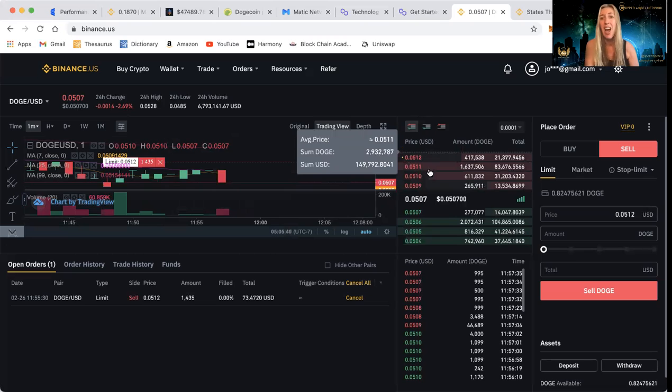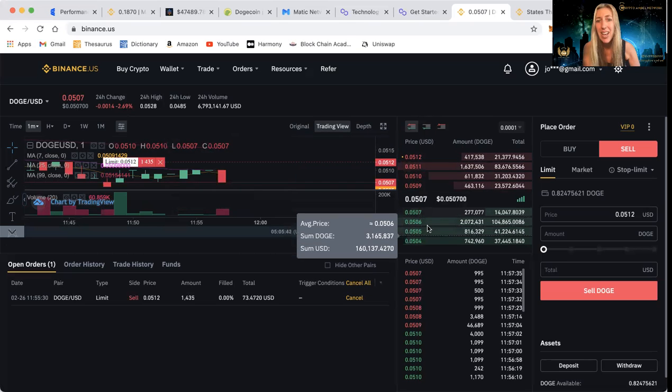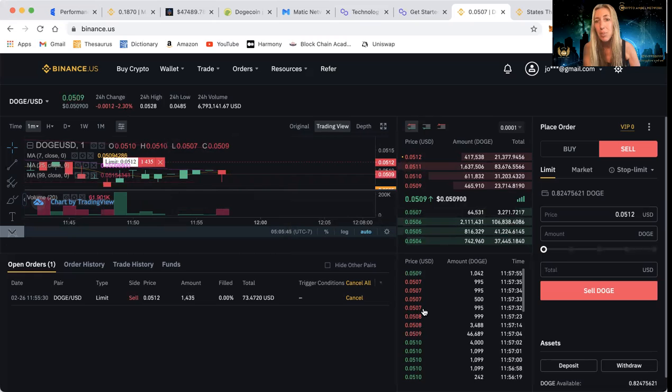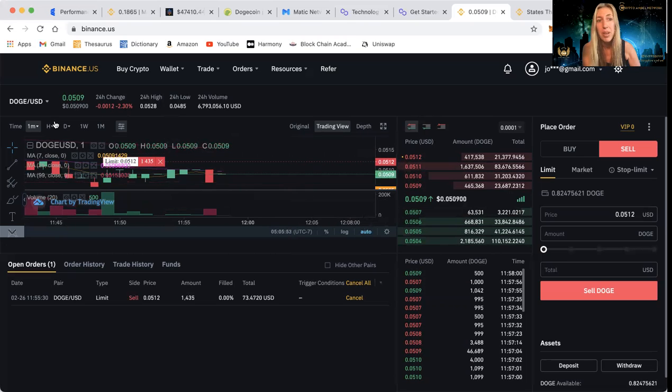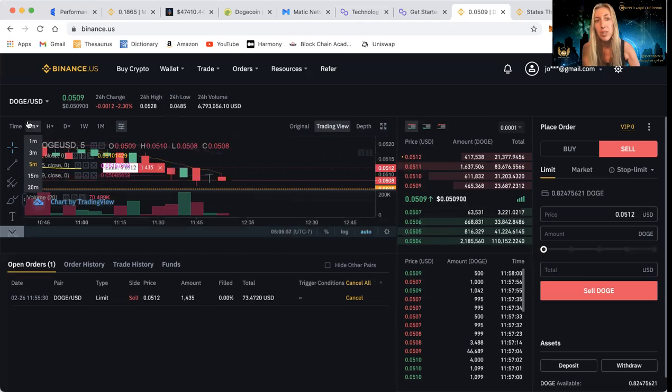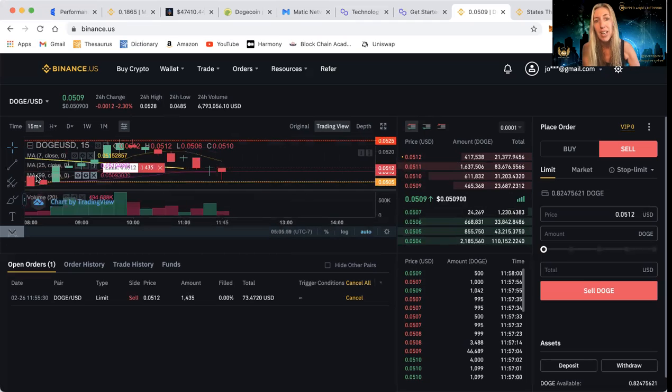You can see I'm not here in the spread because the people who are buying, they're saying no. And then look at it fluctuating back and forth. It's going down 5.07, 5.09. This is a 1 minute red candle. Let's switch back over to the 5 minute candle. We're still red. If we go to a 15 minute candle, it's like the peak of that, really, of this particular candle. And we could be going down again.